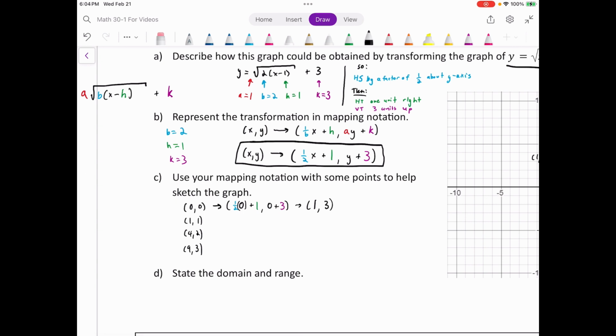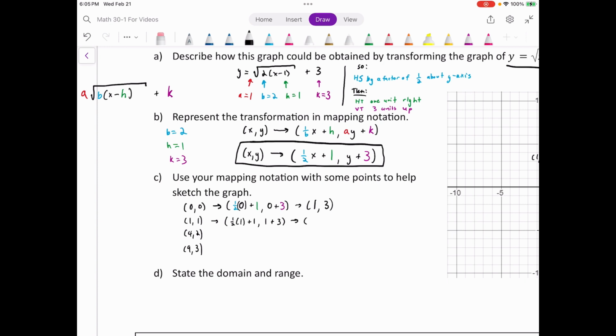Okay, repeat for 1, 1. I'm going to multiply 1 by 1/2 and add 1. I'm just going to drop the color coding in the interest of time here. 1/2 of 1 plus 1. I'm going to take the y value and I'm going to add 3. So 1 plus 3. So that point on y equals root x, it's at 1, 1.